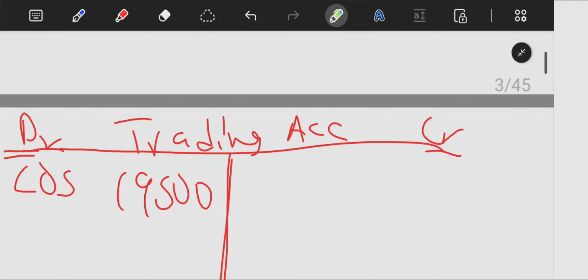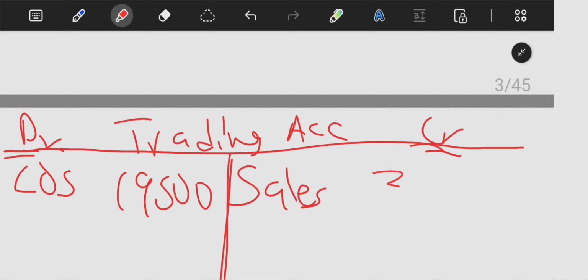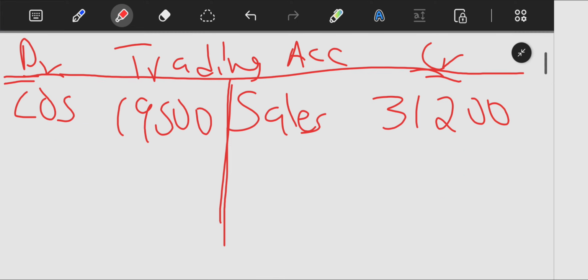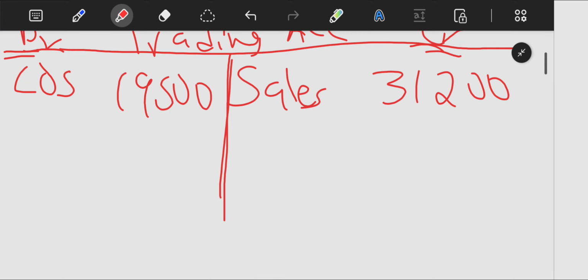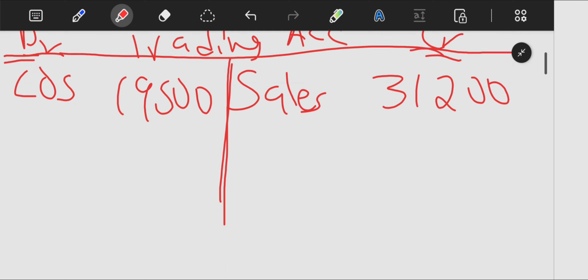Then we have our sales here, 31,200. Then if we have our sales here, which is 31,200, it means that we're going to have this amount on the debit side of the sales account.